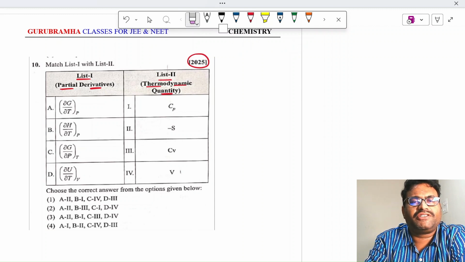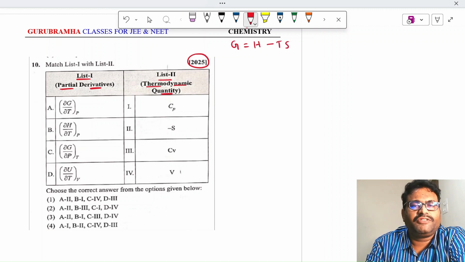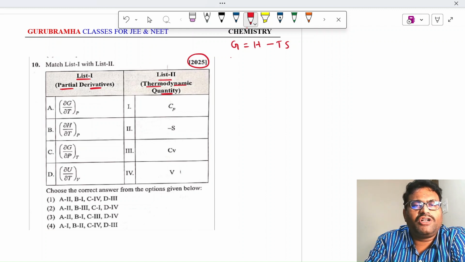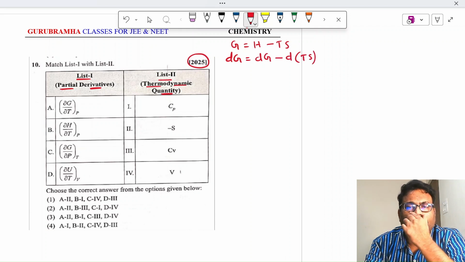What is that expression? G is equal to H minus TS. This is the expression according to Gibbs. If there is a small change in G, then there will be a small change in H minus dTS.